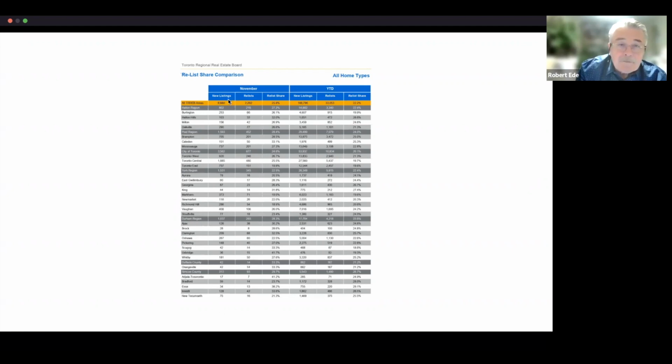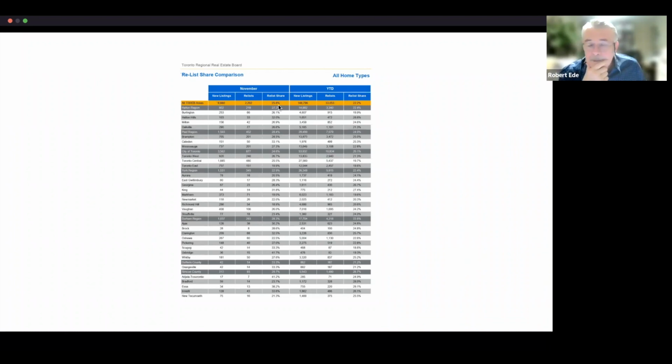And then they declare for the very first time the number of relists, where they've got a computer algorithm that goes through the data and says, is there a situation where the same owner and the same broker put through a new listing during the original listing period during this month? And it pops out that there's a certain number of them. And then the final column calculates, of that grand total, what percentage was relisted.